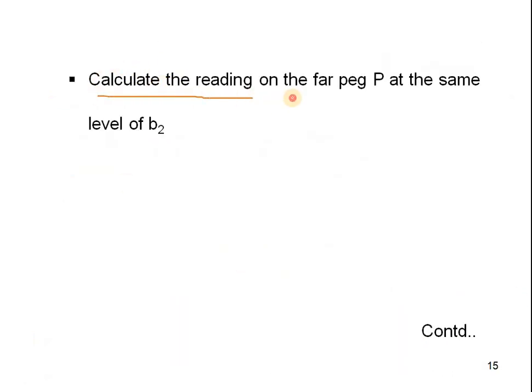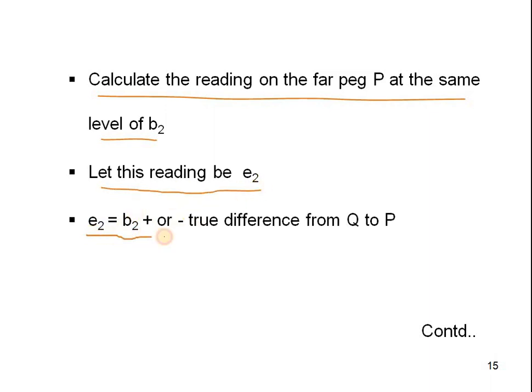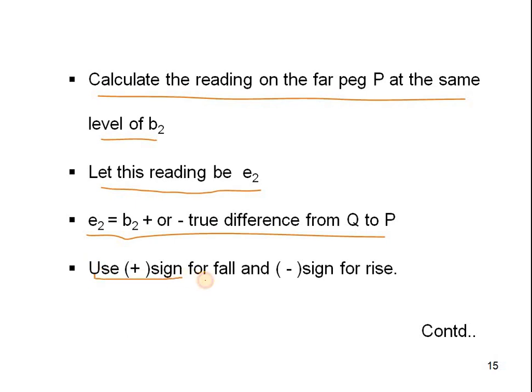Calculate the reading on the far peg P at the same level as B2. Let this reading be E2. So E2 is equal to B2 plus or minus the true difference from Q to P. Use the positive sign for fall and the negative sign for rise. In previous classes we saw that rise is positive and fall is negative, but here it is quite the opposite.